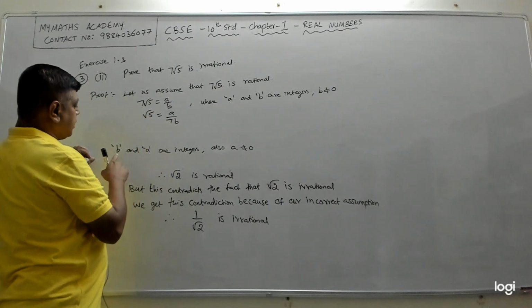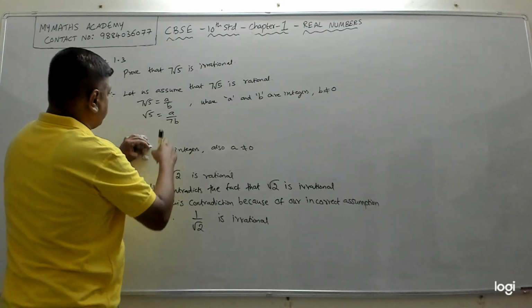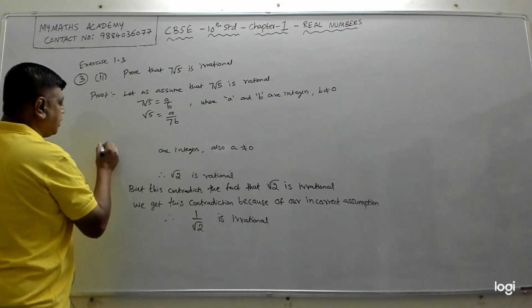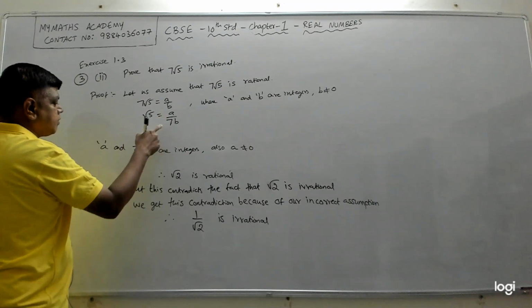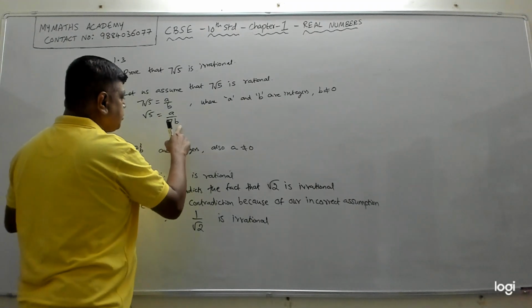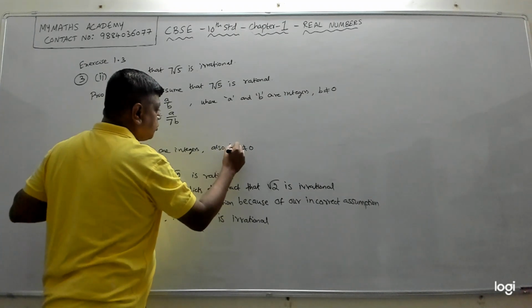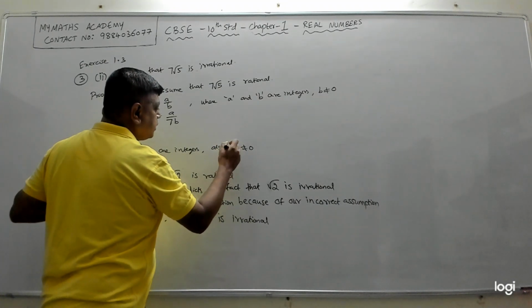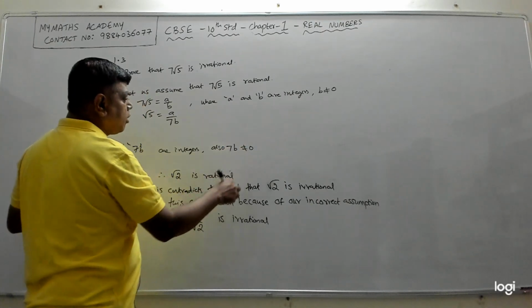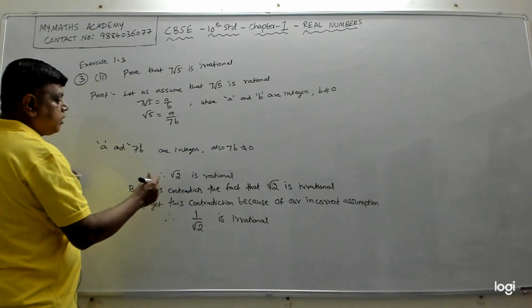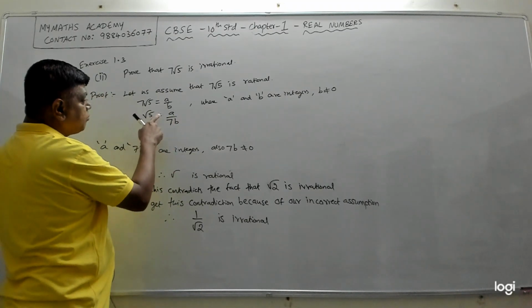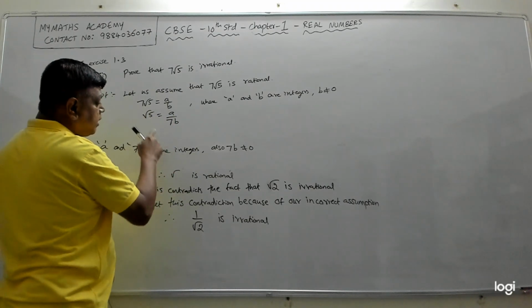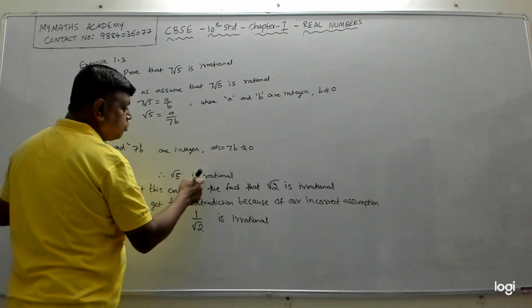Now we will say, here a and 7b both are integers. Also 7b is not equal to 0, the denominator is not equal to 0. Therefore, you are able to write root 5 as a fraction, which makes root 5 rational.